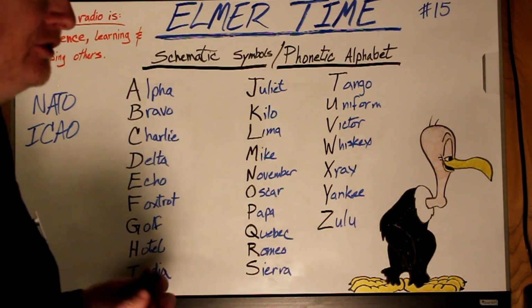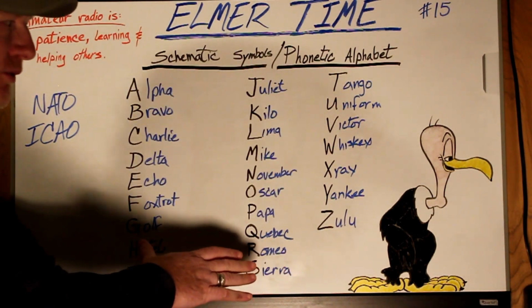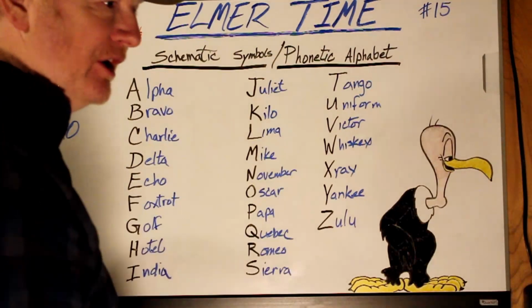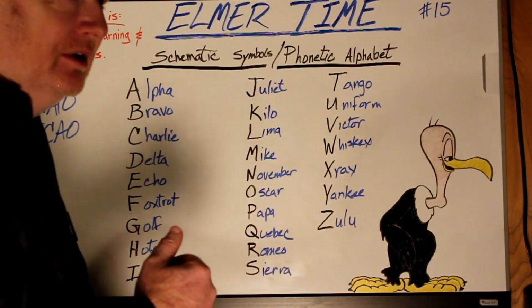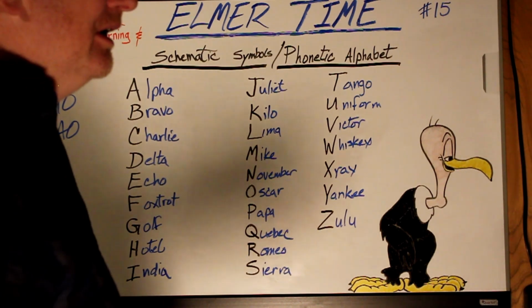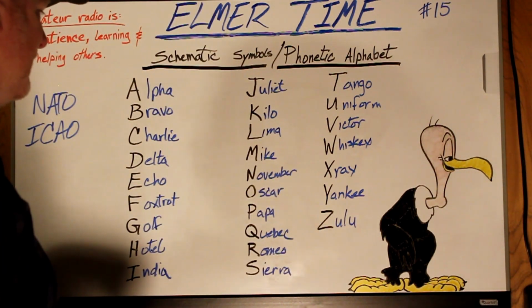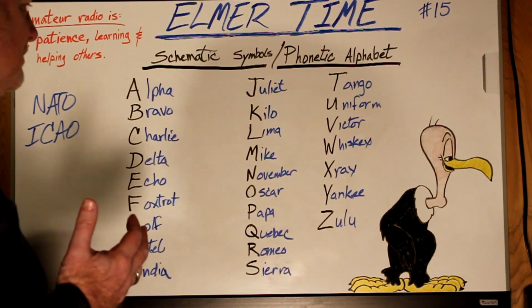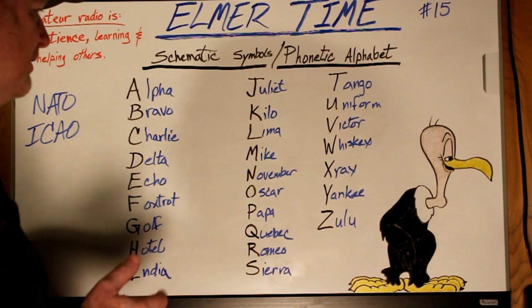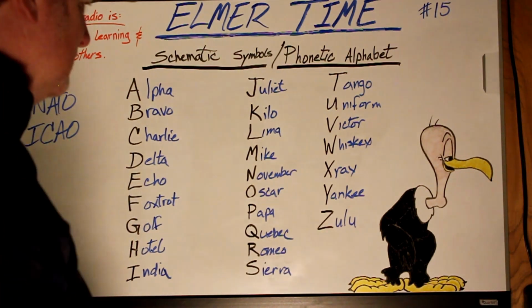If you do that to somebody that knows these words for the alphabet on the other side of the earth, trying to listen to you, they're going to scratch their head and go, "What in the world are you doing? I don't understand what you're doing." These are the phonetic words that all radio operators go by in amateur radio.